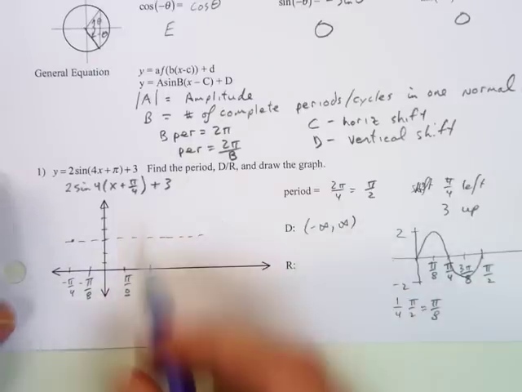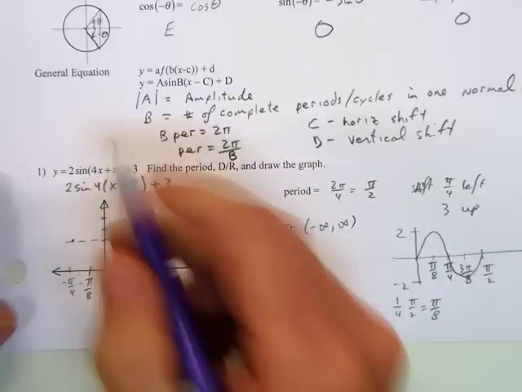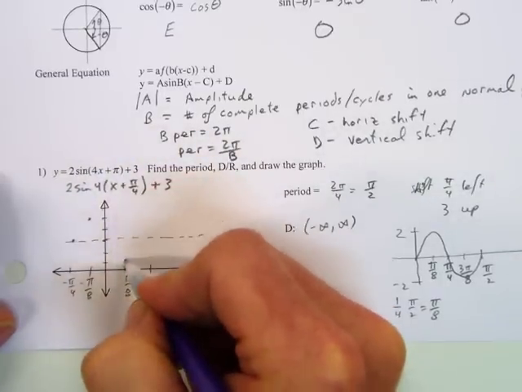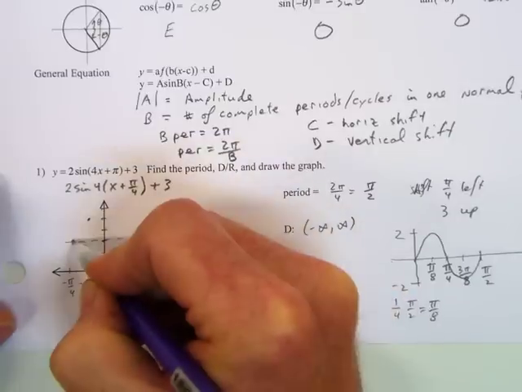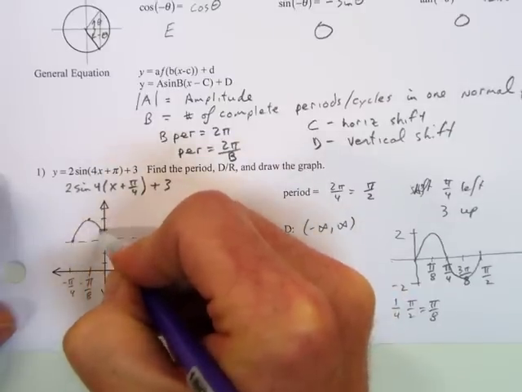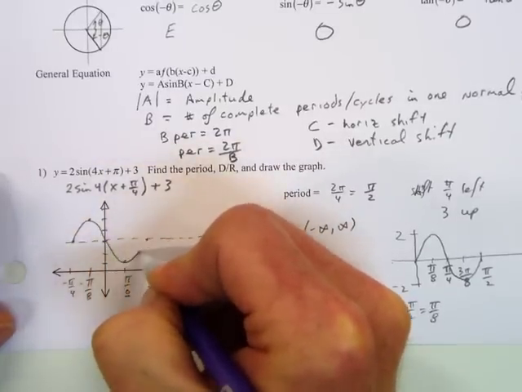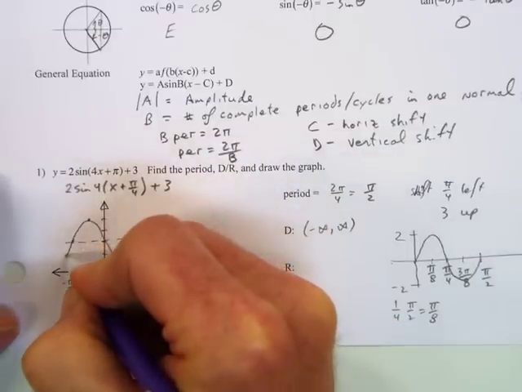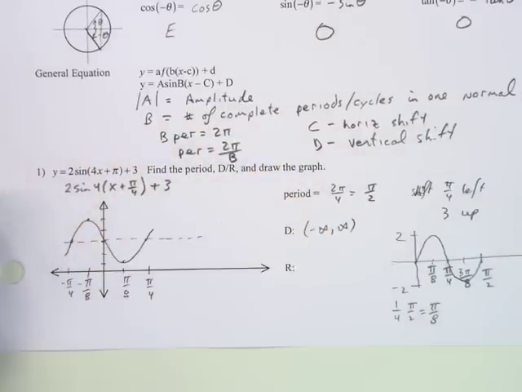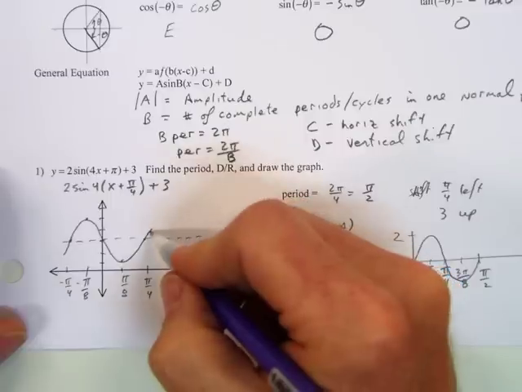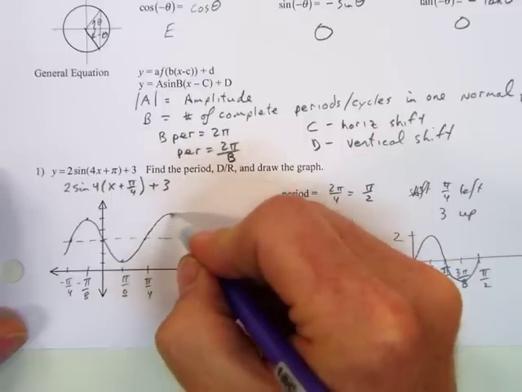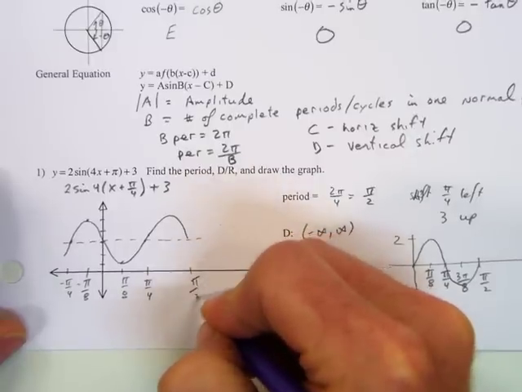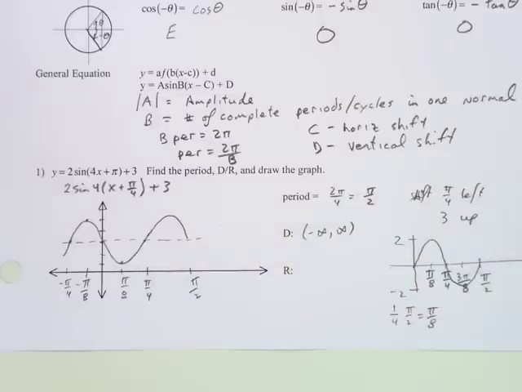And once we have those, we can just say it starts at the mid, it goes high, mid, low, mid, and it's looking like this. We don't need to continue on and draw a whole lot. We could do one more, and we know this will end up at pi over 2. And that's it for graphing that.